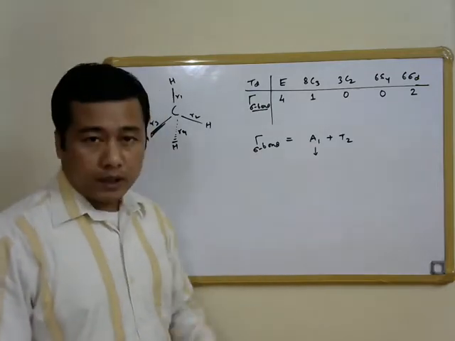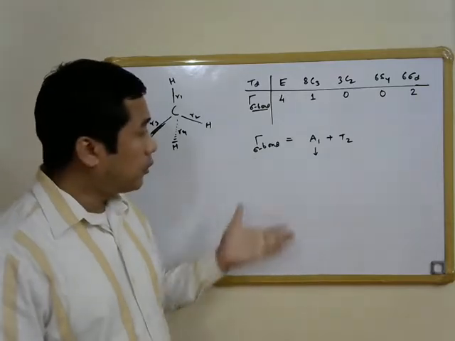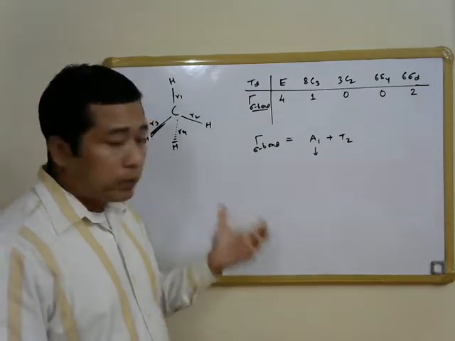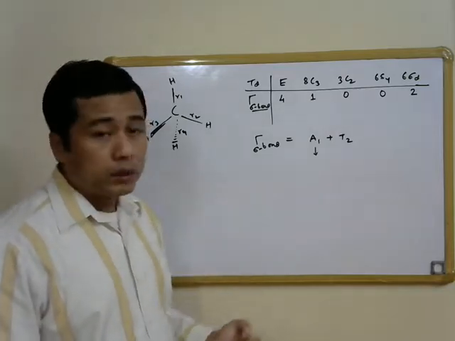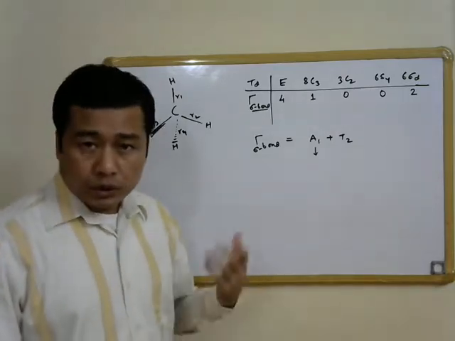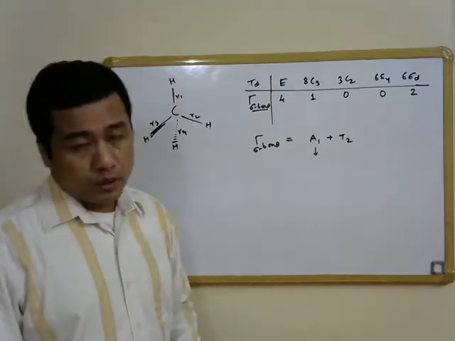Now we should go back and look at the Td character table and see which atomic orbitals transform as A1, and which atomic orbitals transform as T2 irreducible representation.